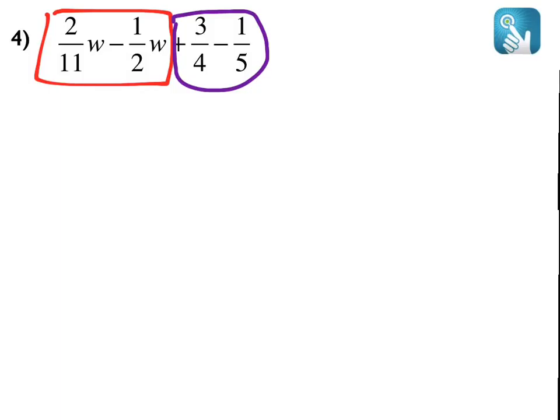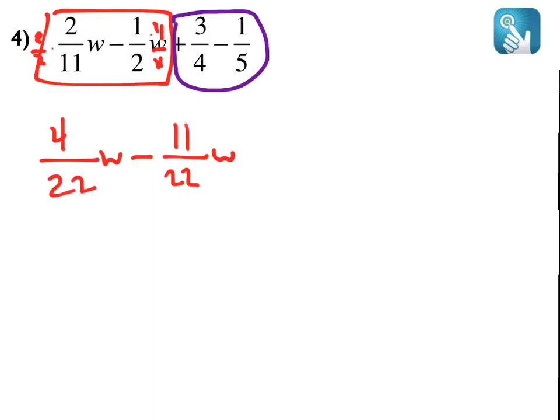What is the LCD of the W terms? 22. Good. So I want these both to be 22, which means I'm multiplying the first one by 2 over 2 and the second one by 11 over 11. So this will give me 4/22 w minus 11/22 w.